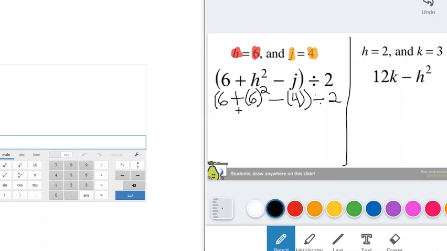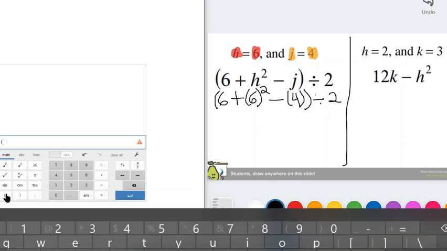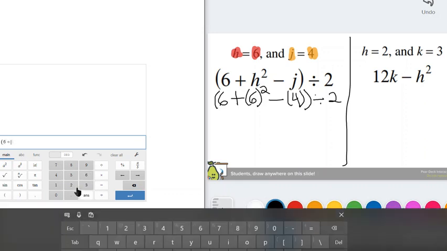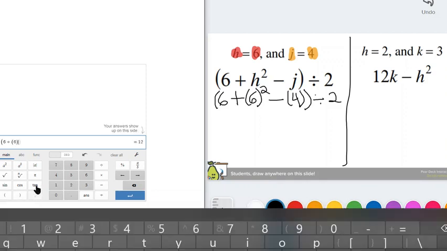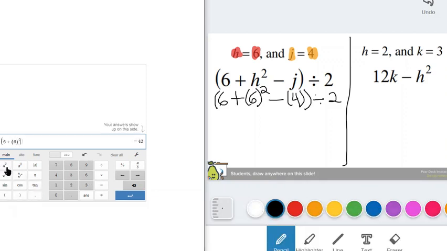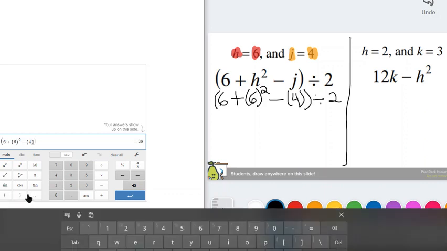Now that I have this, I am going to input this information in the calculator, and I'm going to be very precise. If I see a parenthesis, I'm going to use that parenthesis. 6 plus parenthesis 6, close my parenthesis, squared is this one here, minus parenthesis 4, parenthesis again.